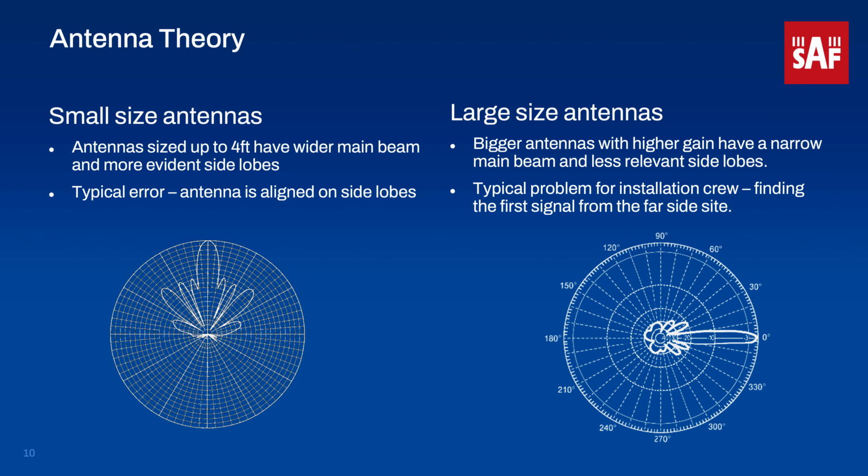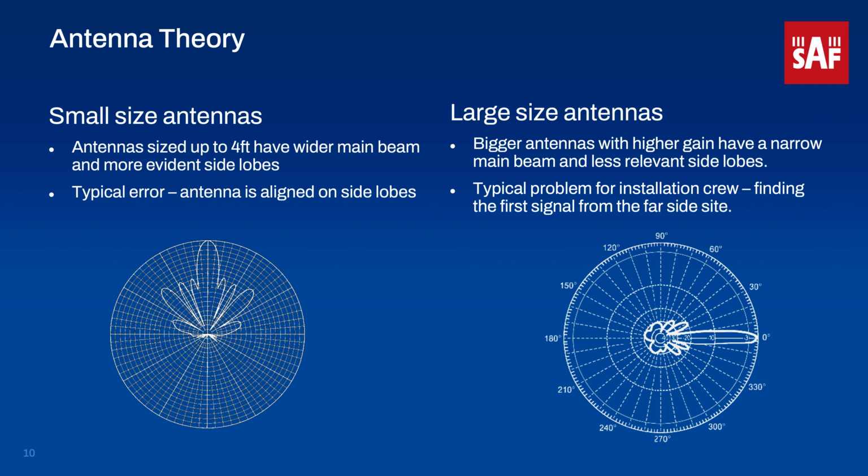Obviously we can't do the measurements on the main lobe, since that is focused to the other end of the microwave point-to-point link. So we will do it on the side lobes. From the side lobes, we can get the same information about the RF parameters of the radio transmitter, like the frequency of the transmitter, the bandwidth of the signal, and the polarization of the signal being transmitted.